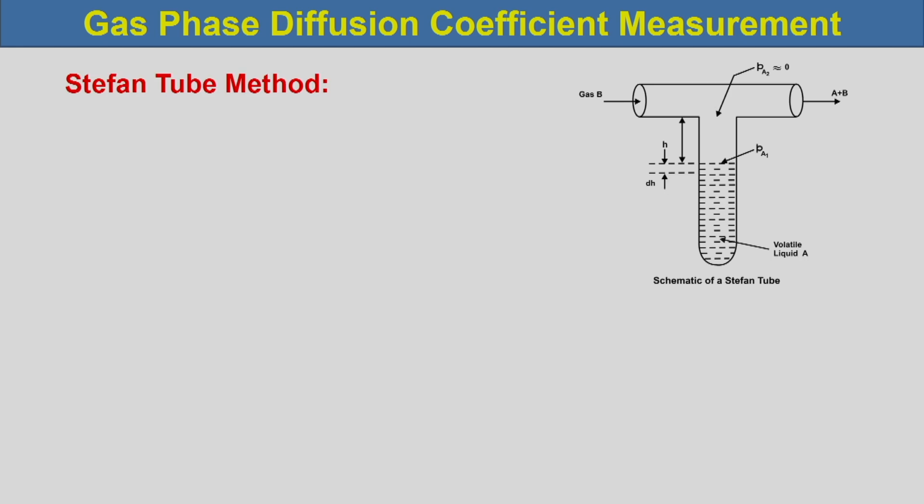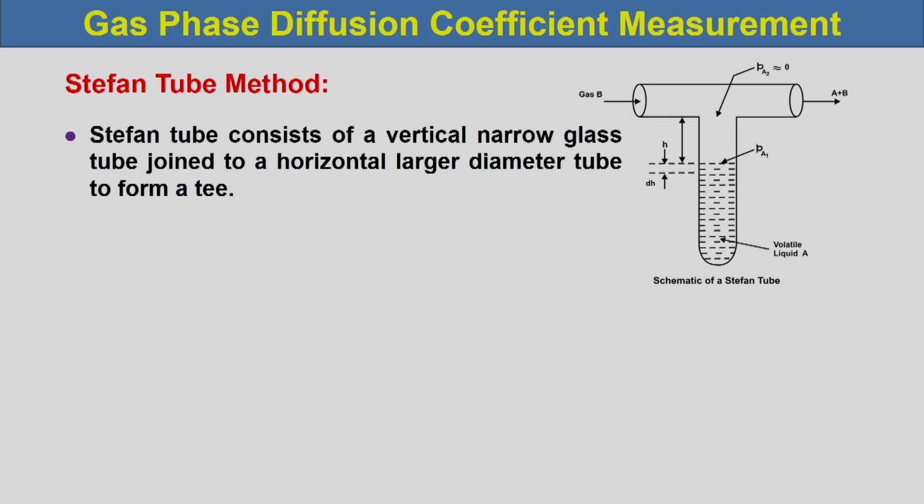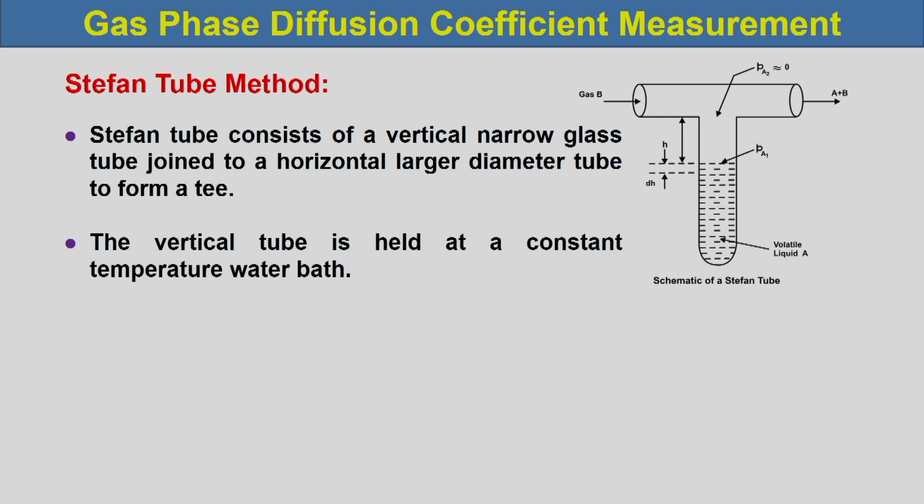Now, let us consider the other method, which is the Stephan tube method. The Stephan tube consists of a vertical narrow glass tube, which you can see over here, joined to a horizontal larger diameter tube to form a T. You can see over here it looks like a T, and the vertical tube is held in a constant temperature water bath.